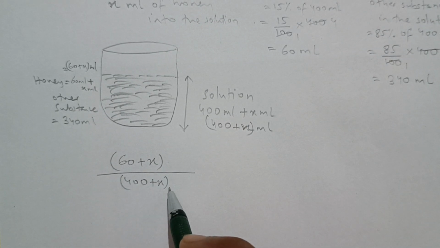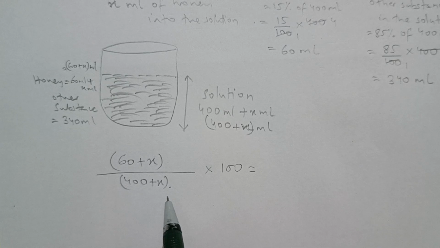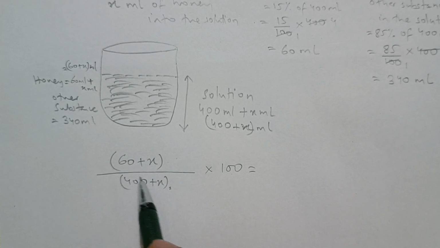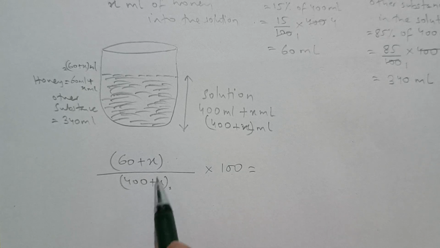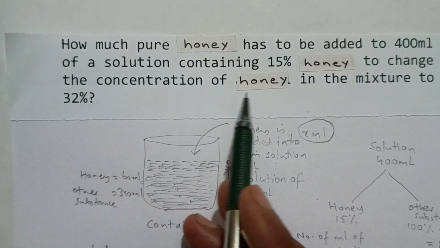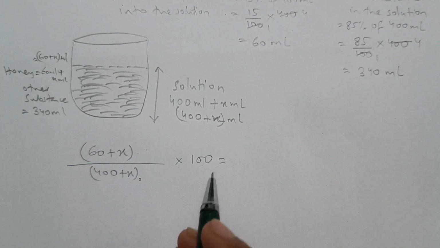So honey content divided by the total solution, if I multiply that by 100, becomes the honey percentage. This is given as 32%, because they are saying that the concentration of honey in the mixture is 32%.